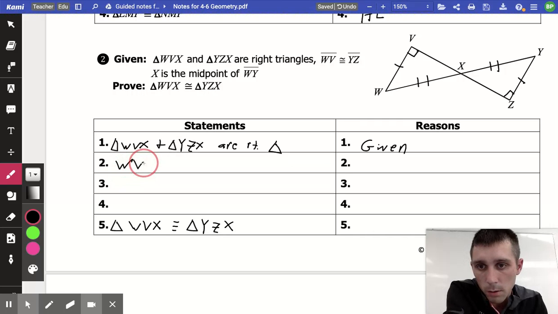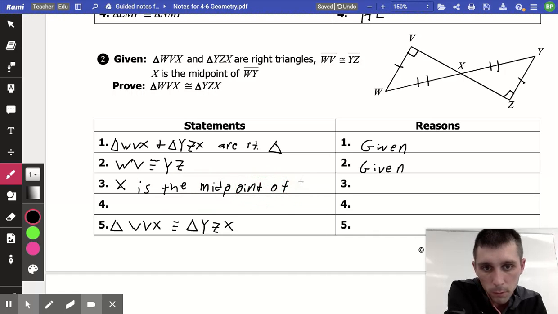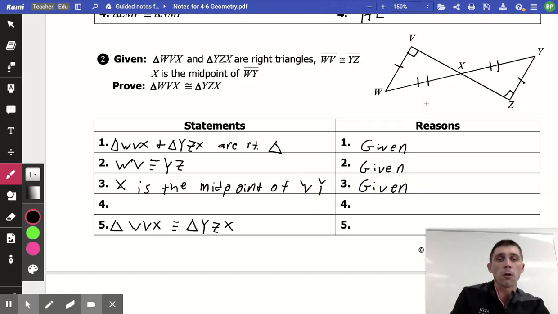WV congruent to YZ, given, and X is the midpoint of WY, given. All right, so we need number 4. It said that WY was cut in half by a midpoint.